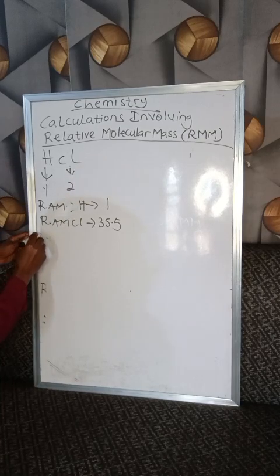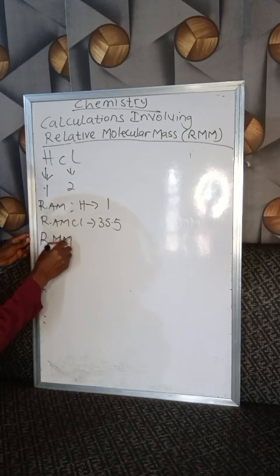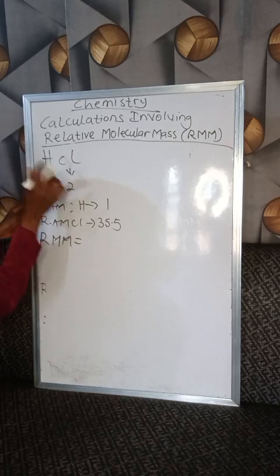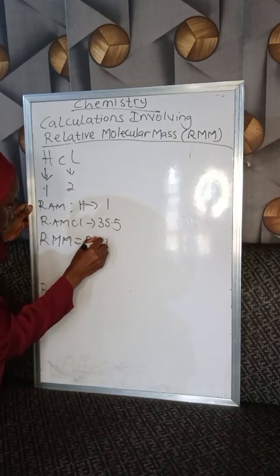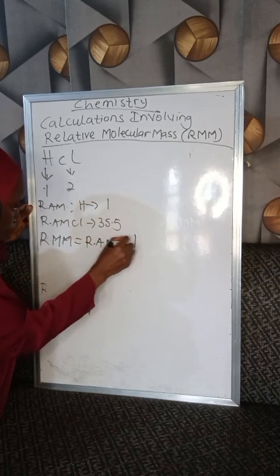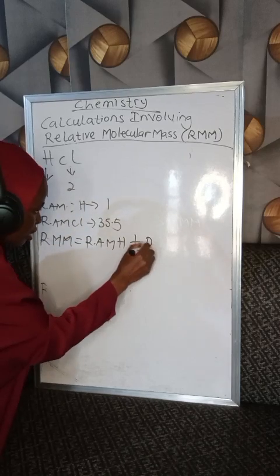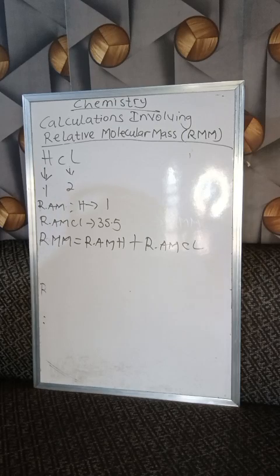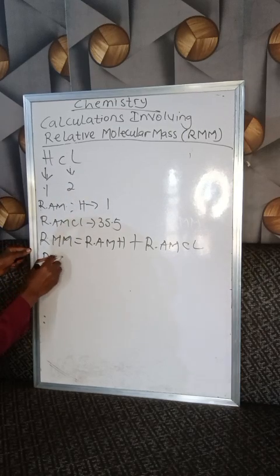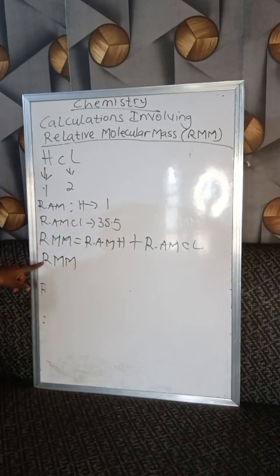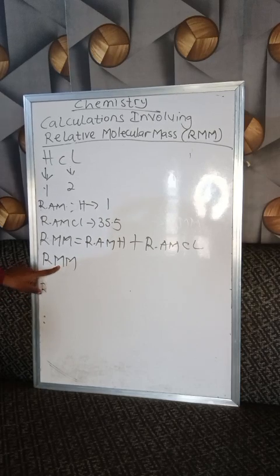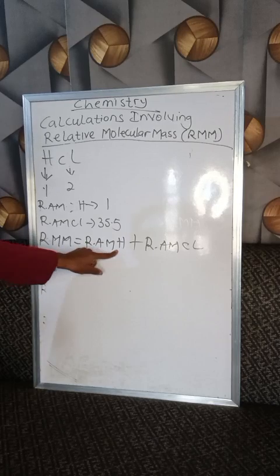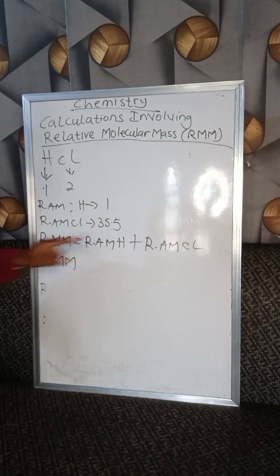You understand? The relative molecular mass is shortened as RMM, while relative atomic mass is shortened as RAM.